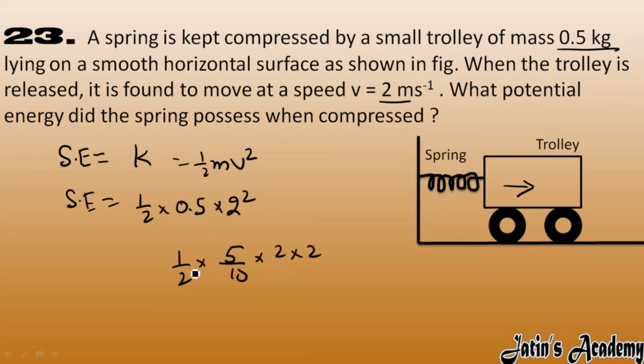Here 2 and 2 cancel out, 5 cancels with 2, and it cancels with 1. So everything cancels out. So the spring energy initially stored in the spring is 1 joule. This whole energy is converted into kinetic energy. So in this way, by the law of conservation of energy, we can calculate one form of energy by calculating another form of energy. Here we have calculated the kinetic energy, but it is the potential energy stored in the spring.